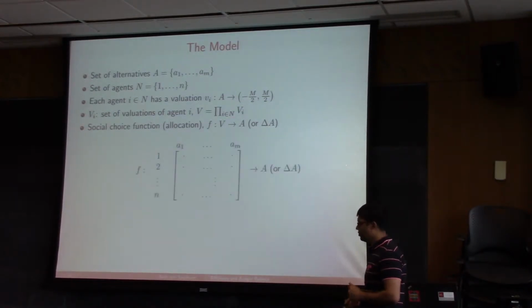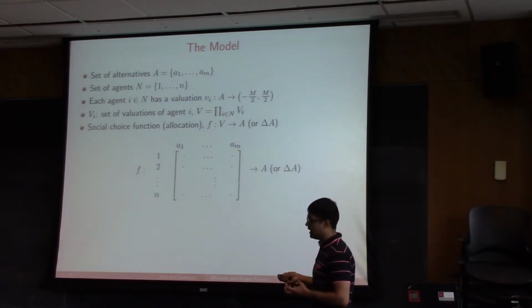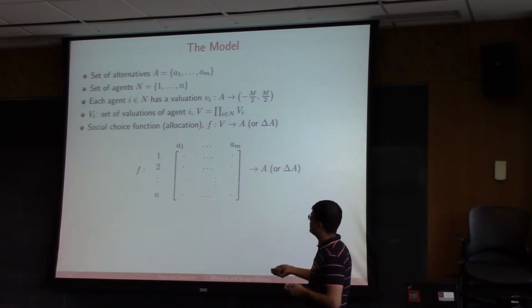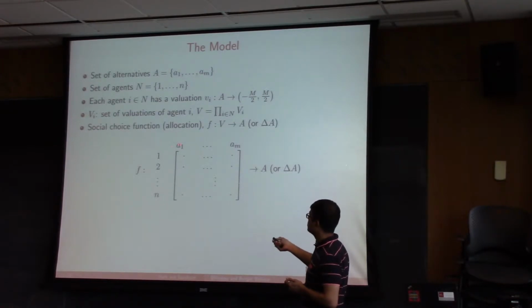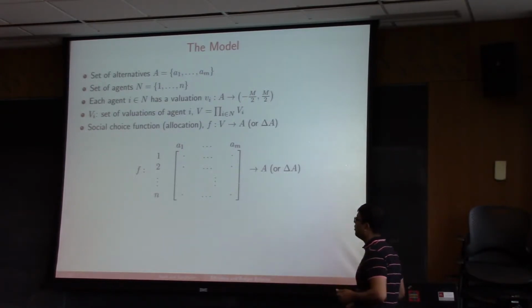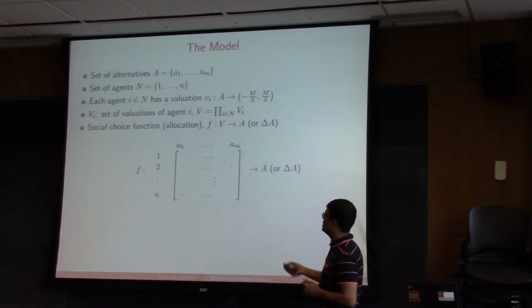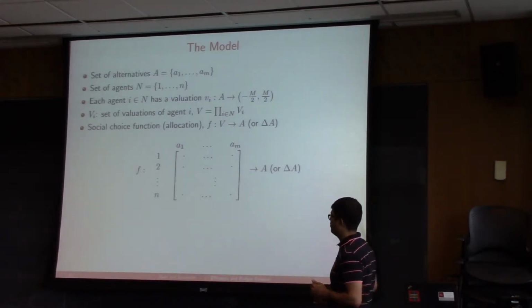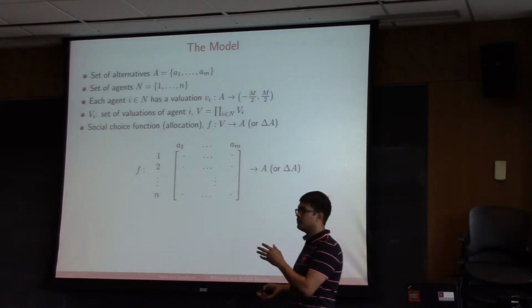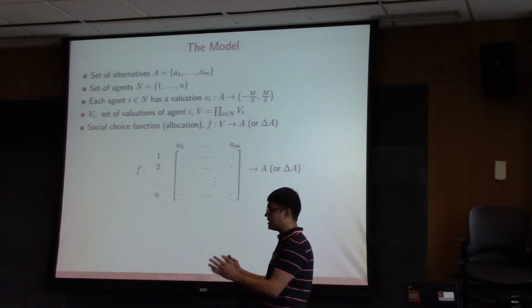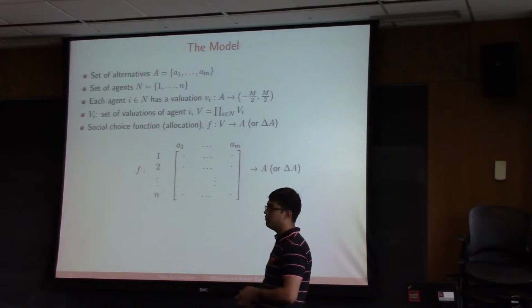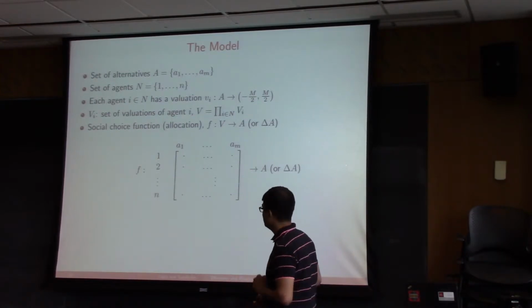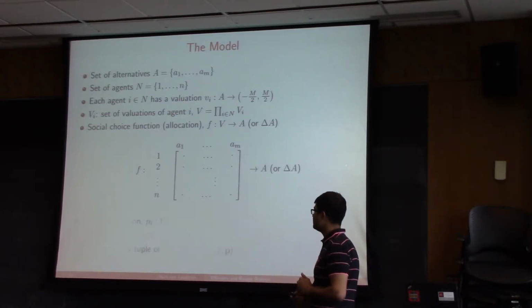Pictorially, each valuation profile is a matrix that looks like this, where on the rows I write down the agents, and on the columns I write down the alternatives, and each of these numbers is the valuation of that particular agent for that alternative. The social choice function takes this matrix as an input and outputs one alternative or a lottery over the alternatives.